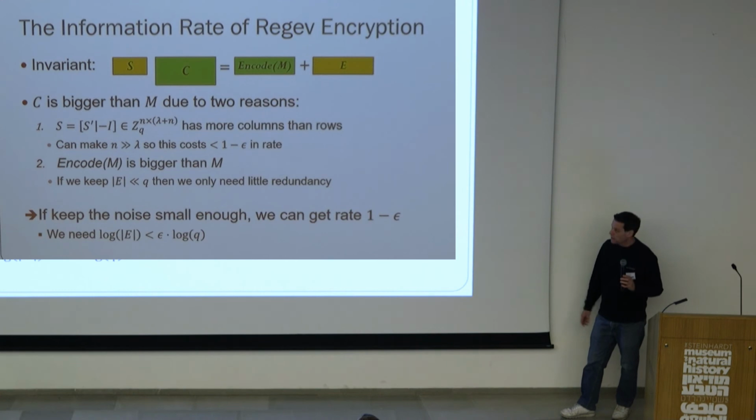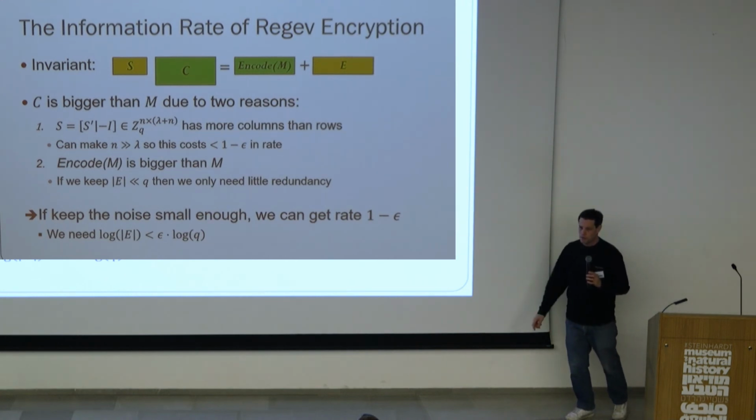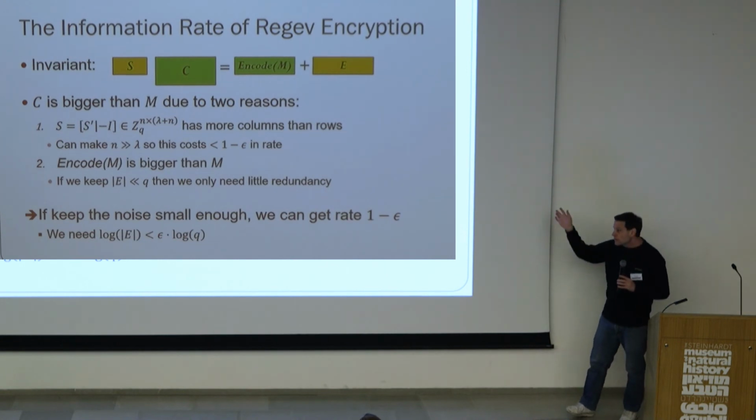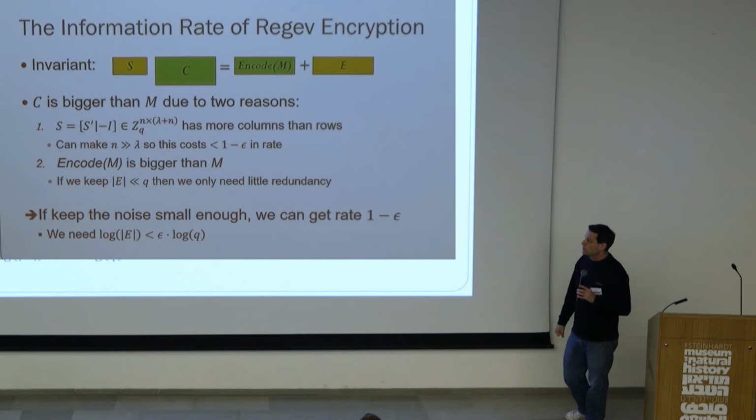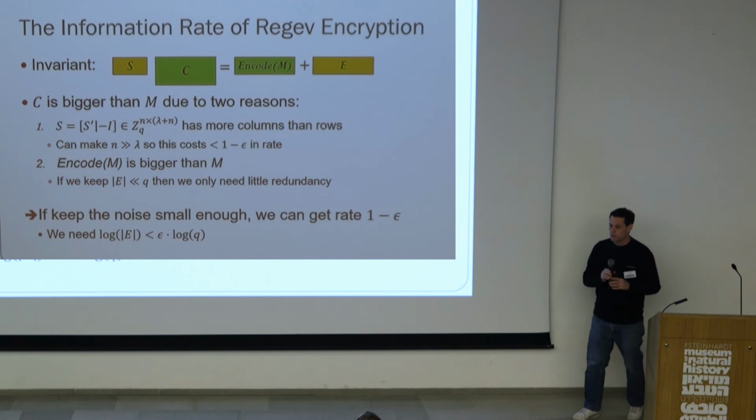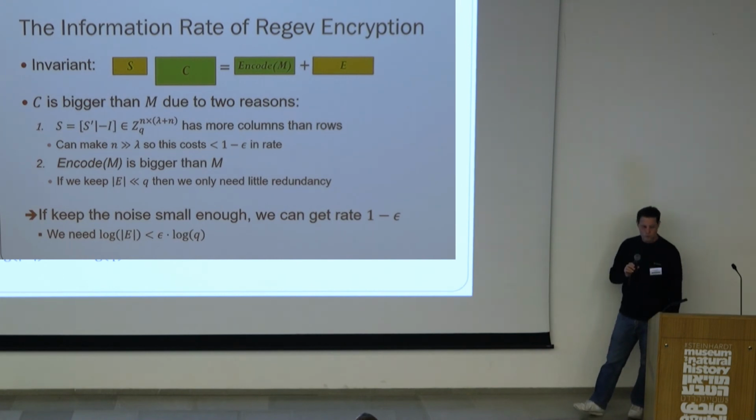One is, again, the shape of the secret key, which is S prime concatenated with the identity. This time I'm not going to look at this aspect because there are some applications where you can take N to be large enough, and then that factor doesn't count for a whole lot.